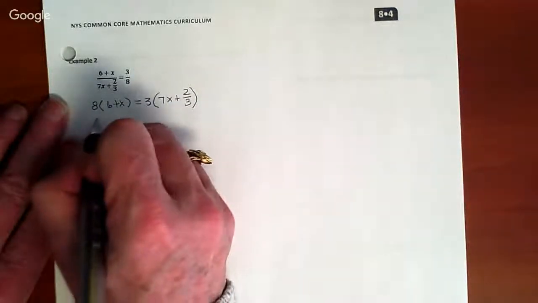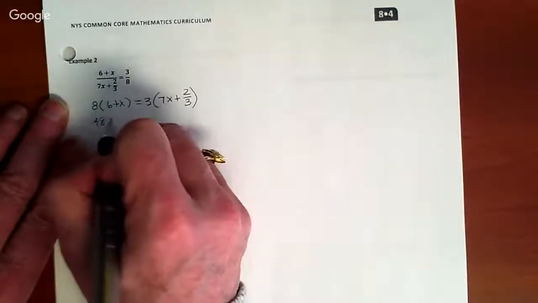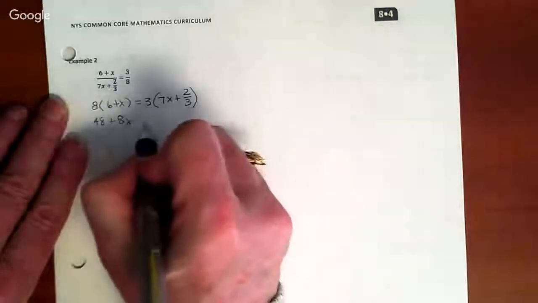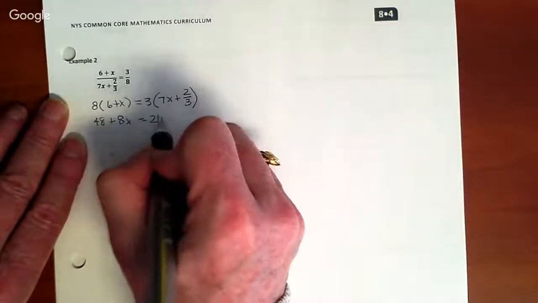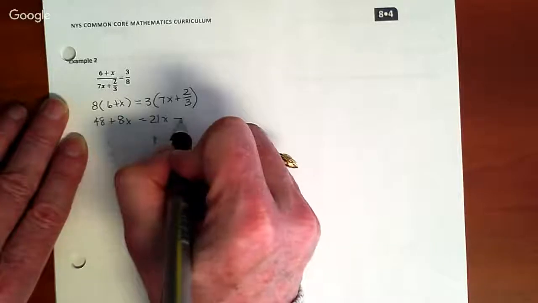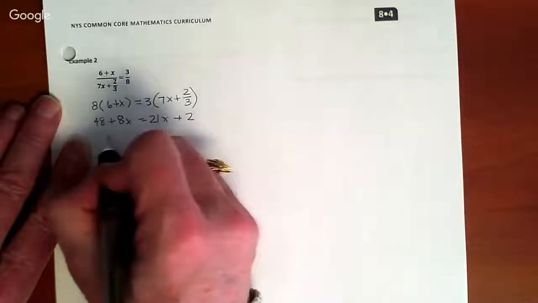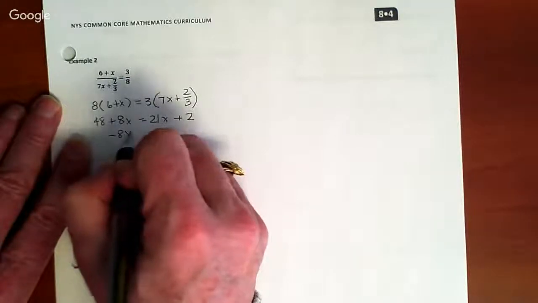So we have 48 plus 8x equals 21x plus 2. So now we subtract 8x from both sides.